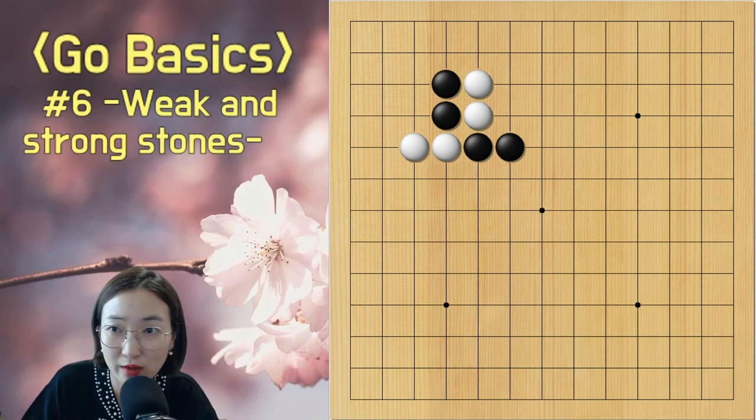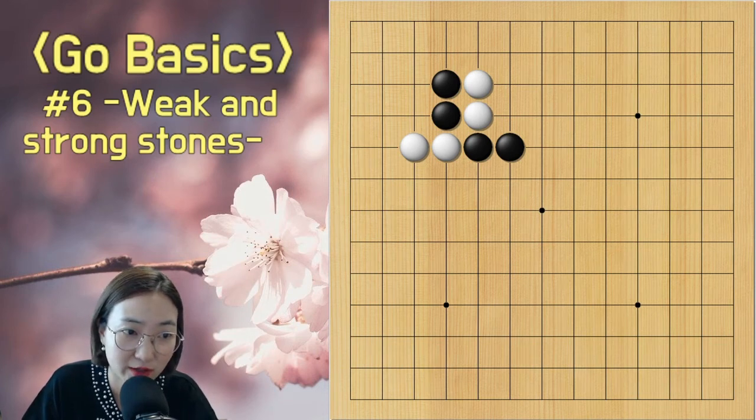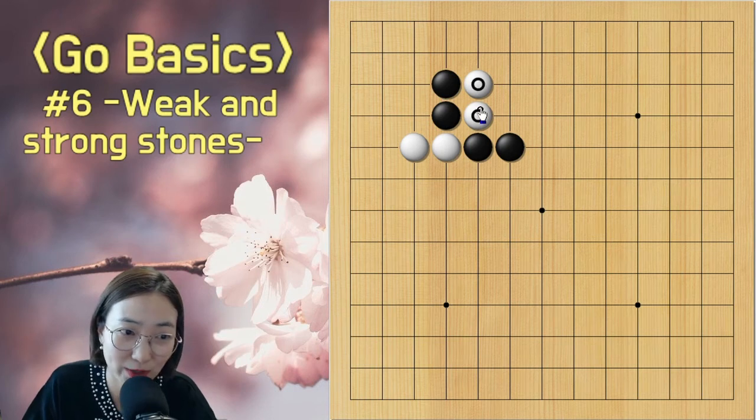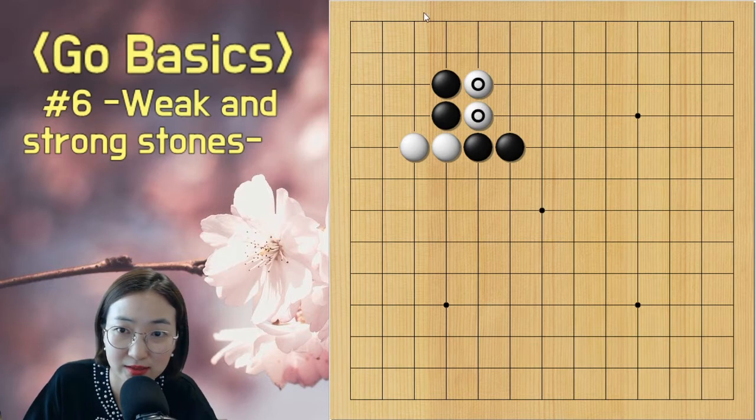The stones are all disconnected from each other. Just looking at the white stones, which of the two is weaker? The answer is these two stones right here. You will know why when we look at the liberties.